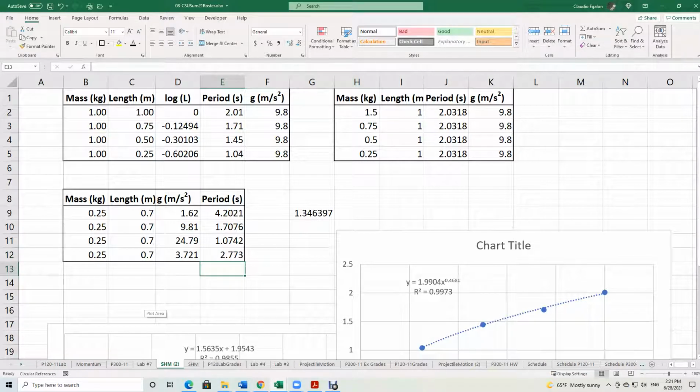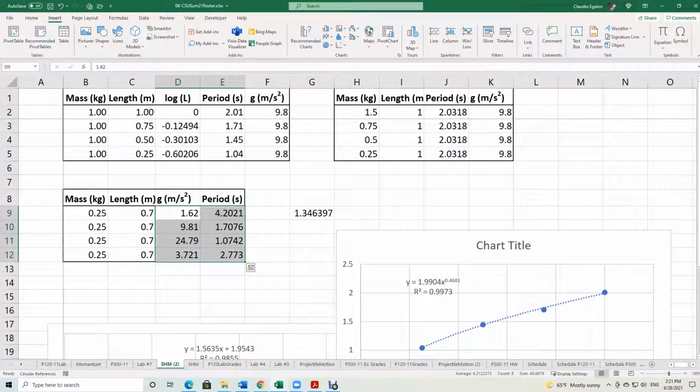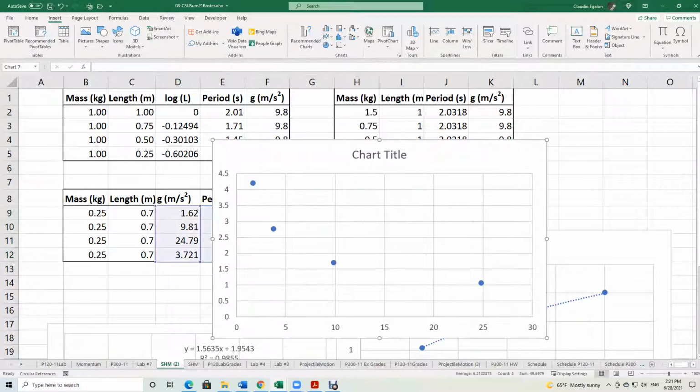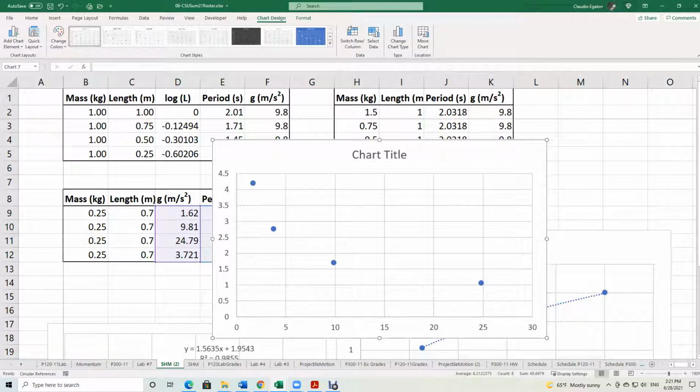We can plot the period against the acceleration of gravity, and you can see that the period decreases with g. Decreases with g, what does it mean? It means the velocity of the pendulum is faster, on average.